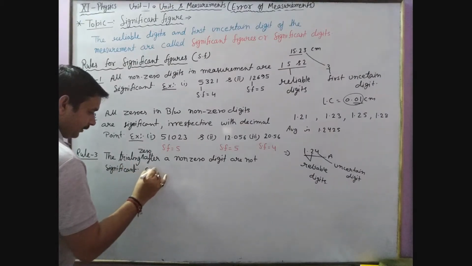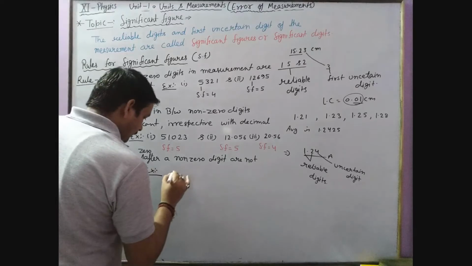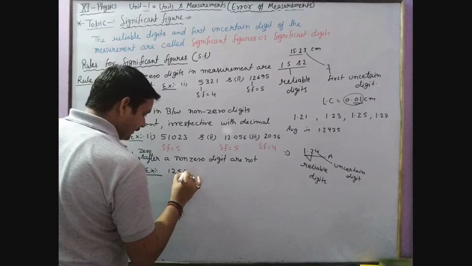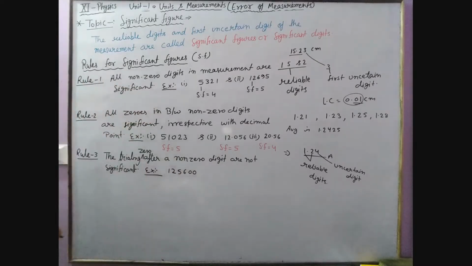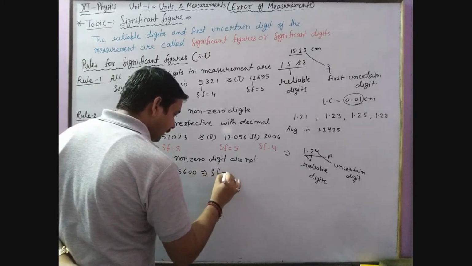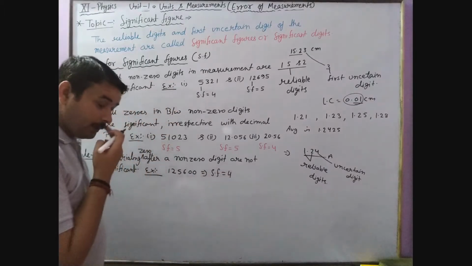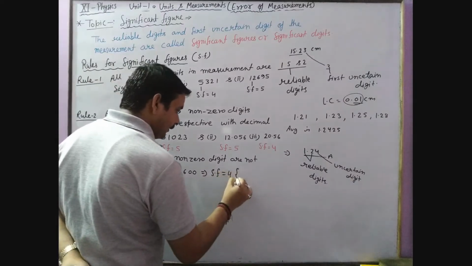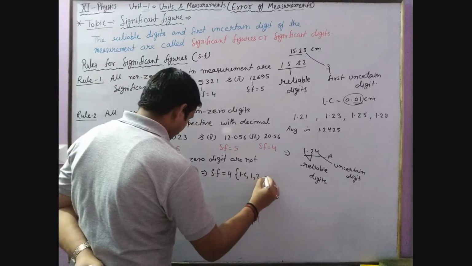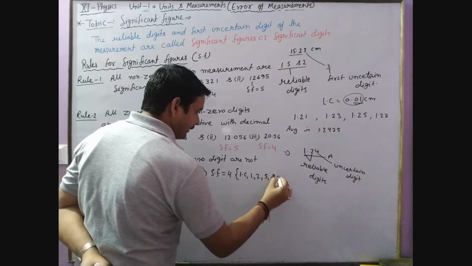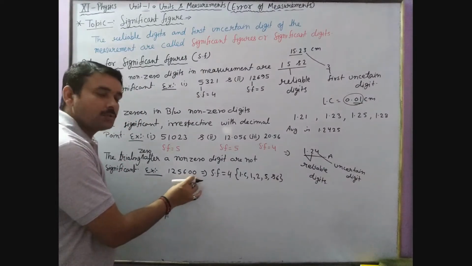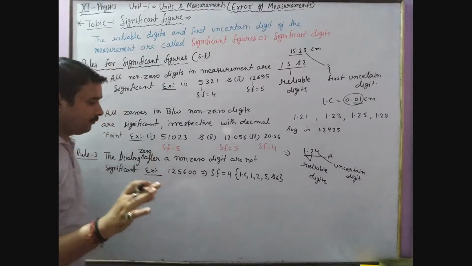Okay, for example, 125600. So here the significant figures are 4. That means 1, 2, 5 and 6. The 0s after 6 are the trailing zeros, which are not counted as significant figures.